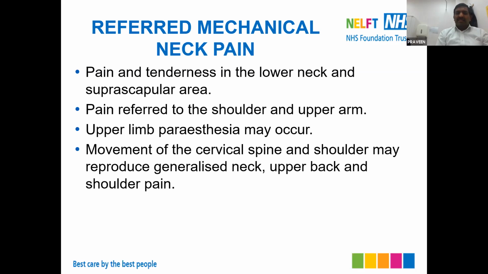And pain, as I said, is referred into the shoulder and upper arm. And this may also involve upper limb paresthesia. Some patients would also indicate that they have pins and needles or numbness. And a quick way to test it would be to check for the movements of the cervical spine and shoulder, and they may reproduce generalized neck, upper back, or shoulder pain.